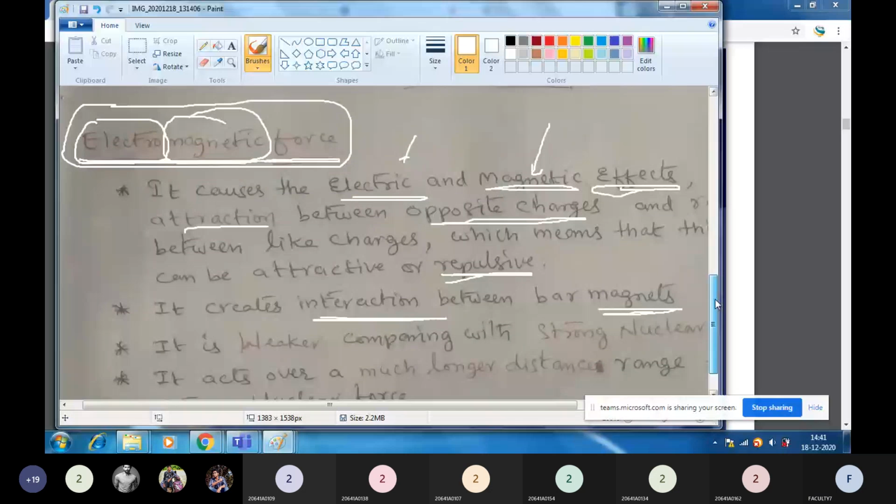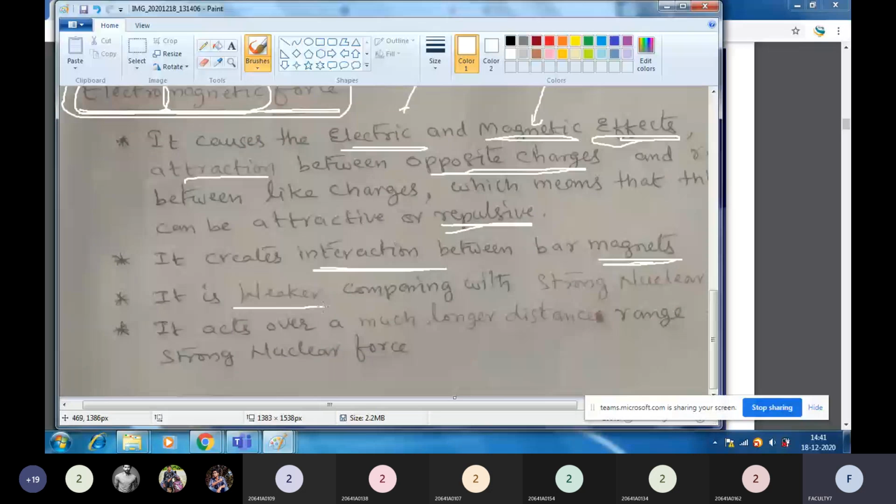Next, it is weaker when compared with the strong nuclear force. Why are we considering the nuclear force as stronger? This force is holding all the atoms together. If you consider the nucleus, it is holding the protons and neutrons together so that we can have the binding force and the substances will be stronger.